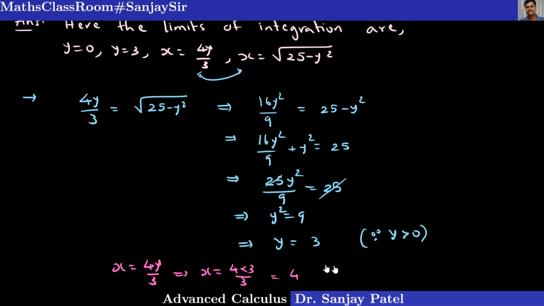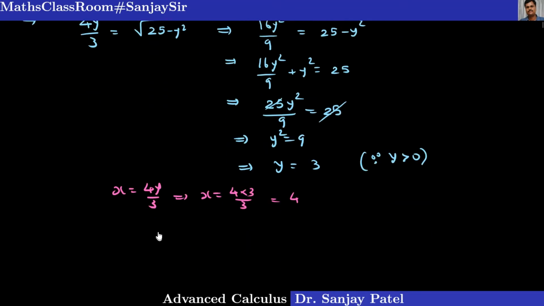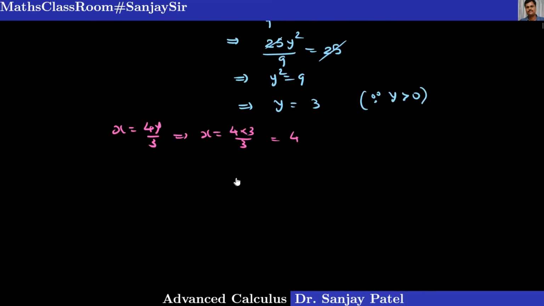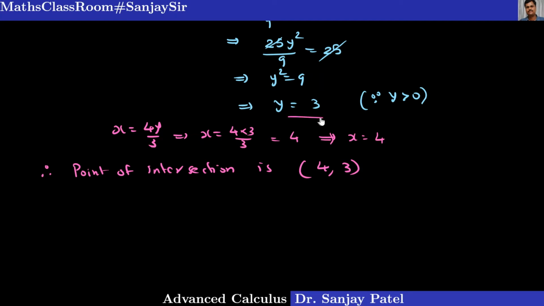So the point of intersection of the two curves is x equal to 4 and y is equal to 3. So we have found the corresponding value of x for y equal to 3.